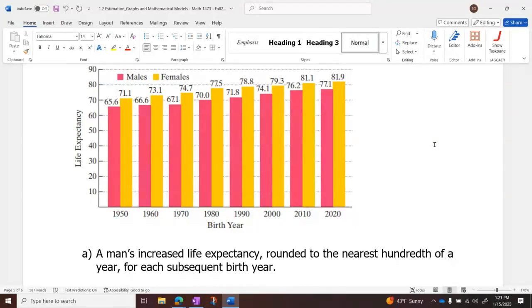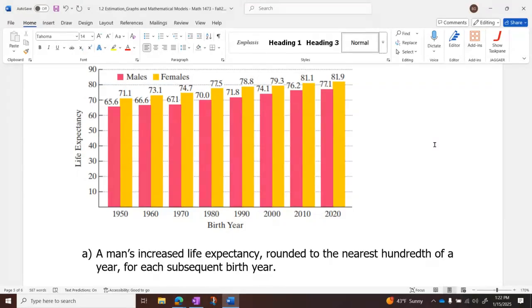We are looking for a male's increased life expectancy for each subsequent birth year. Put it in short, we are looking for the annual increase in life expectancy of male, right?